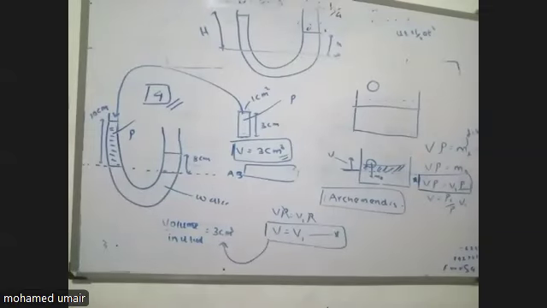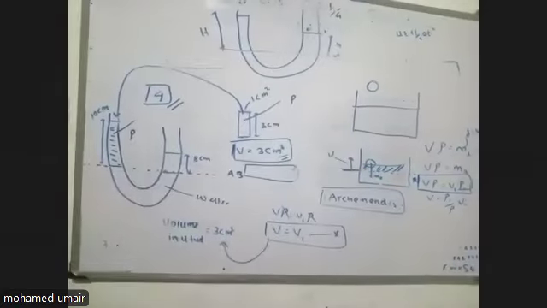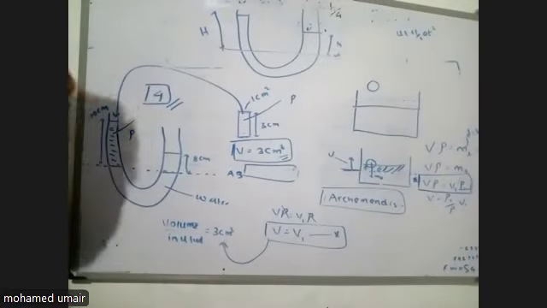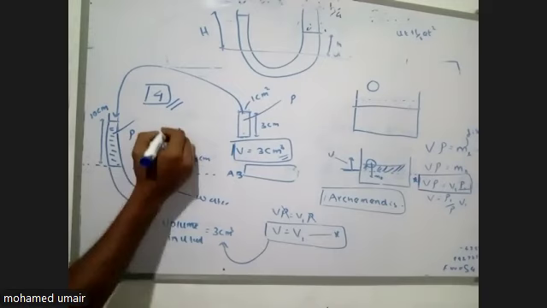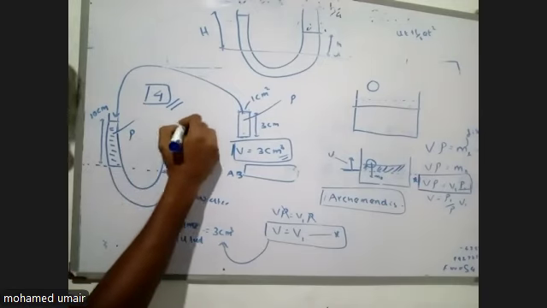Try to find it. They have just given you the cross-section area of the U-tube is 1 centimeter square.